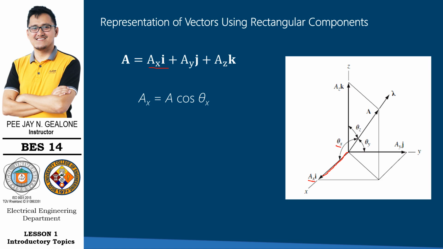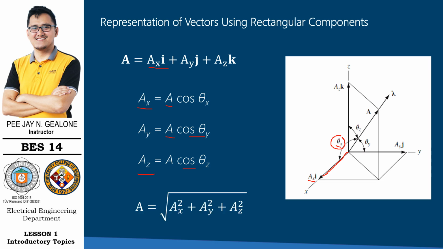So kung i-assume natin that a plane exists between A and the x-axis, makikita natin that actually AX is simply the value of A times the cosine of theta x, where theta x is the positive angle between the vector A and the x-axis. Similarly, makukuha natin si AY and AZ in the same manner. So AY is equal to A cosine theta y, AZ is A cosine theta z.